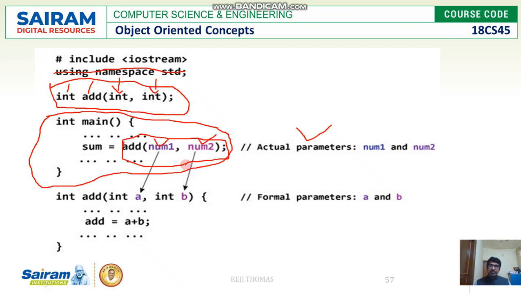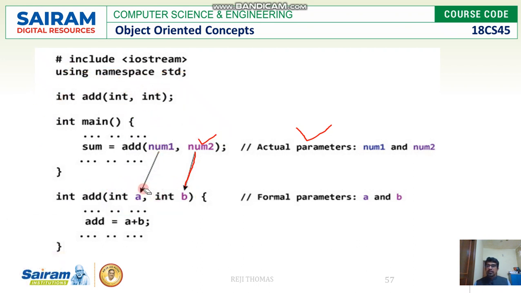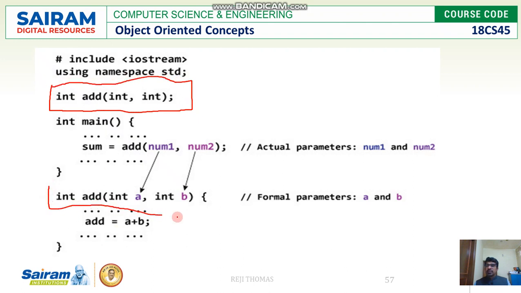From the function call, the control will transfer to the function definition, and as I told, your function prototype and your function heading are almost the same. Let me make it clear. Look at the function prototype. This is your function prototype, and this is your function heading.